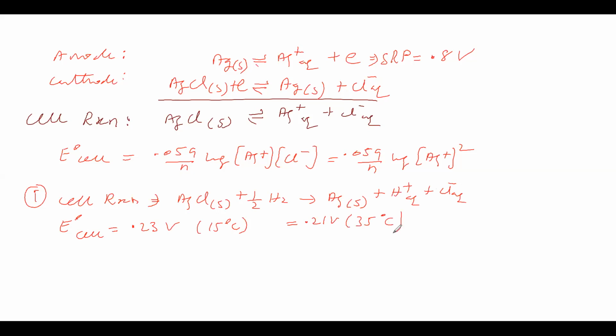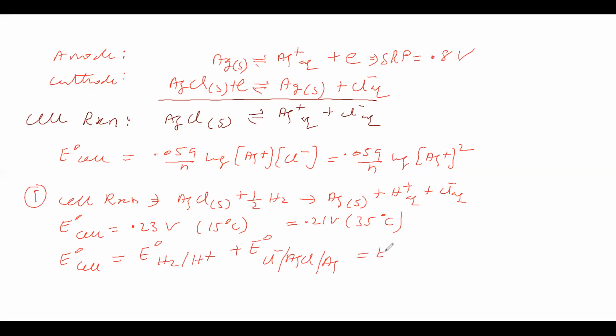Here, for this, E naught cell is equal to SOP of anode plus SRP of cathode. The anode is H2 bar H plus. The cathode is AgCl solid in which Ag plus is converting into Ag, and Cl minus is going into solution as it is. Now we can say SOP of anode is 0.